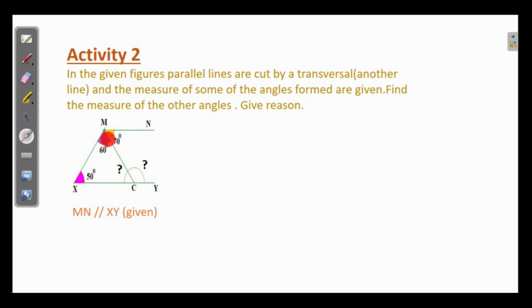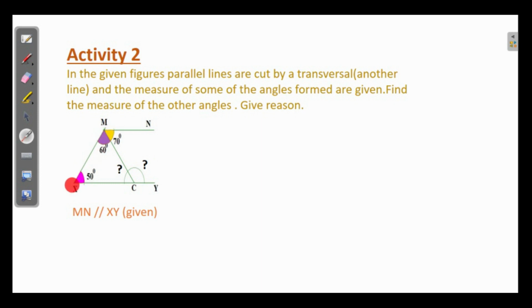Here MN and XY are the parallel lines and there are two transversals here, one MX and MC. When you are doing such problems, remember at one time you have to take only one transversal. So before answering these two, let us see the question once again.